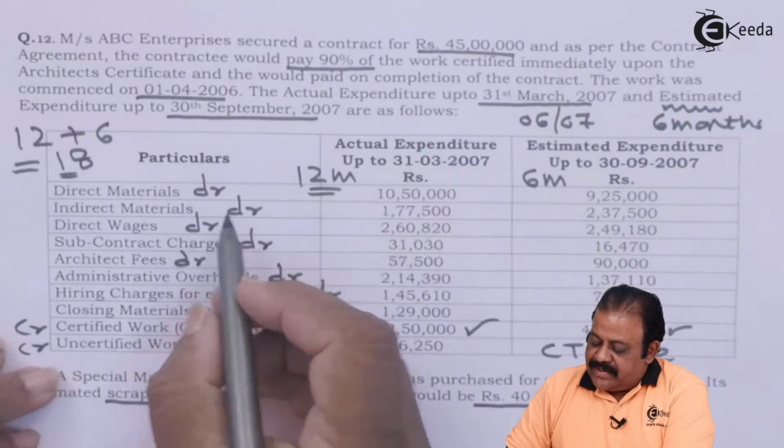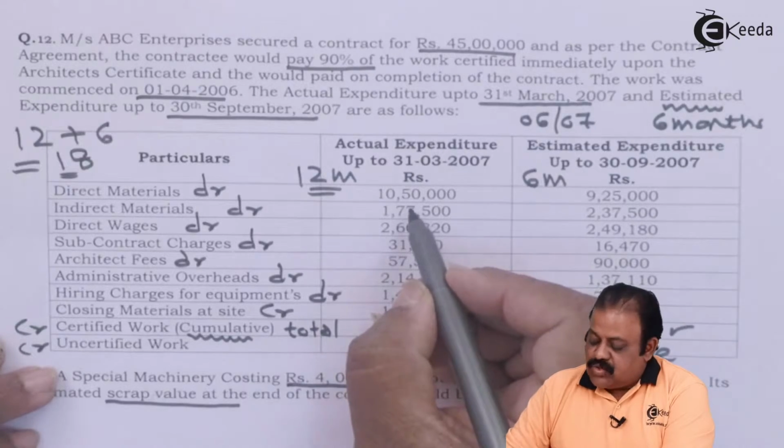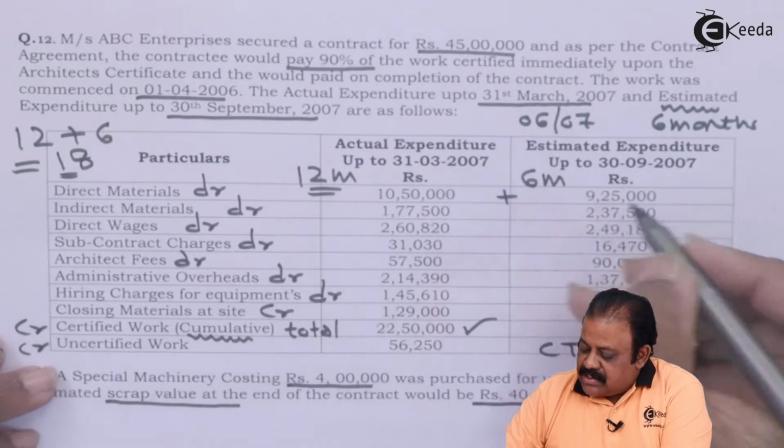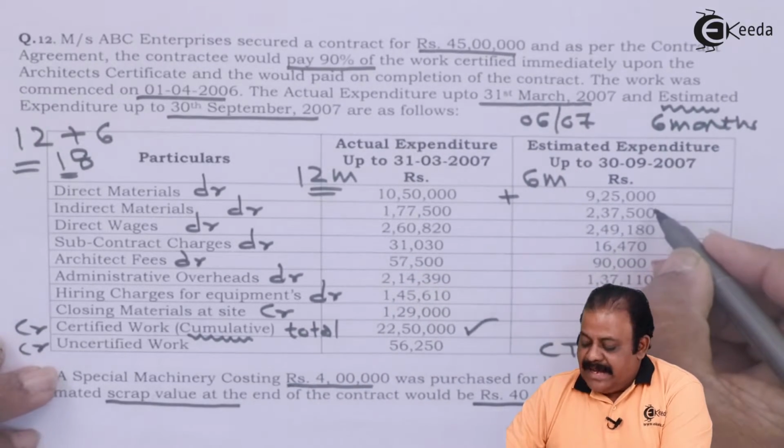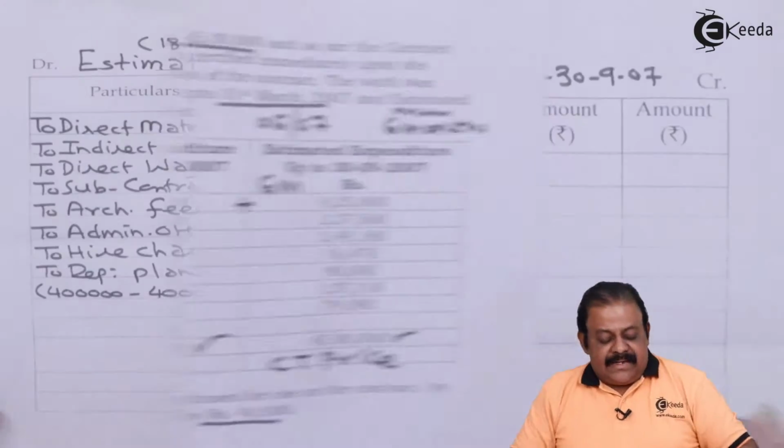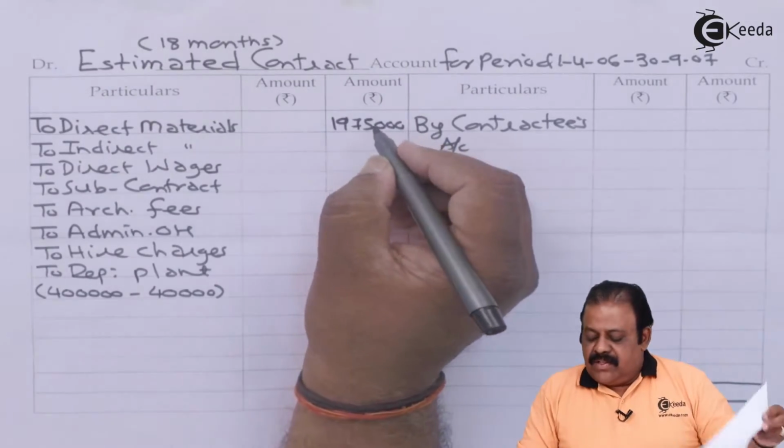Direct material with 10,50,000 actual, we have to add 9,25,000 expected. So total 19,75,000.